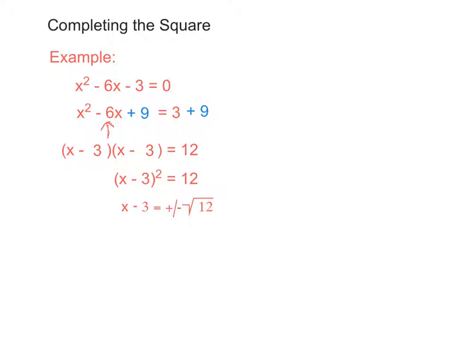Well, as you know, we can simplify that square root of 12, so our final answer would become x is equal to 3 plus or minus 2 times the square root of 3. So here's an example of how we can solve a quadratic by simply completing the square, okay? We probably don't want to use this if we can factor it, but if we can't factor it, then we can certainly use completing the square.